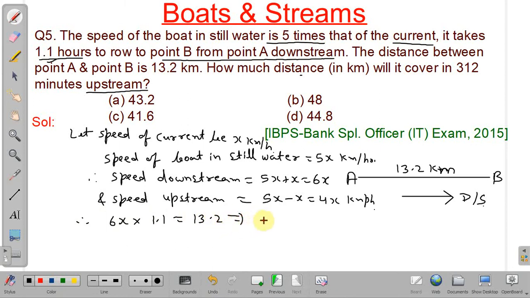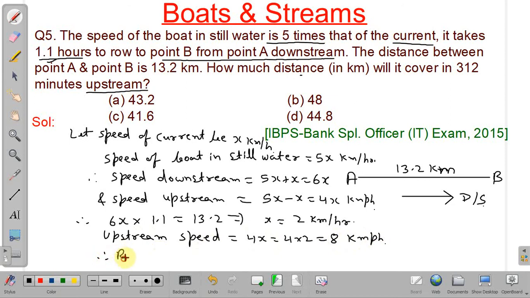From this we can find x, and x will be equal to 13.2 divided by 6.6, that is 2 kilometer per hour. Now we can calculate the upstream speed, because we have to find the distance traveled in the upstream direction. Upstream speed equals 4x, so 4 into 2 equals 8 kilometer per hour.